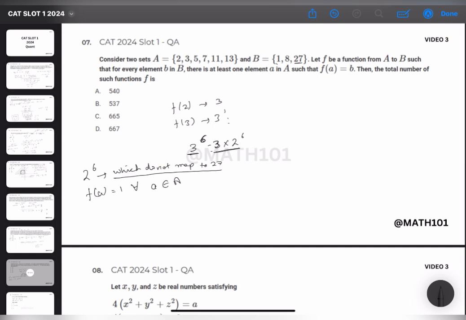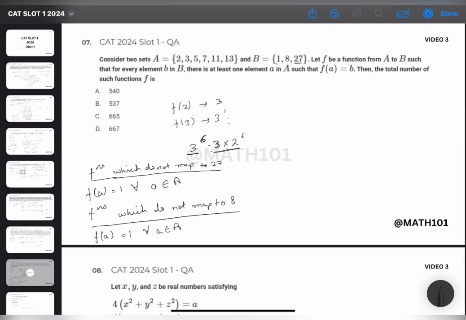Now when we are looking for functions which do not map to 8, in this also we have counted this function, right?